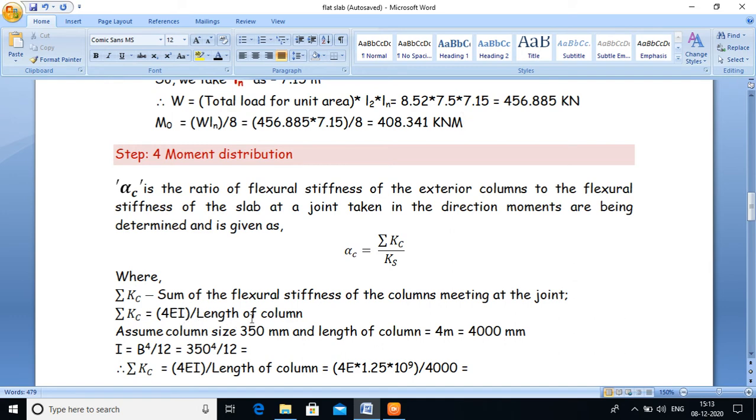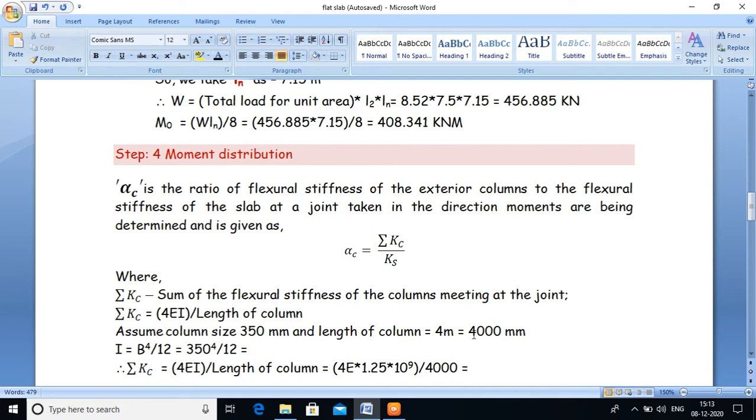Already we assumed the column dimension as 350 mm. With this assumed dimension, we can find the value of I, 1/12 BD cube. Here B and D are the same, so I have taken B raised to 4 divided by 12.